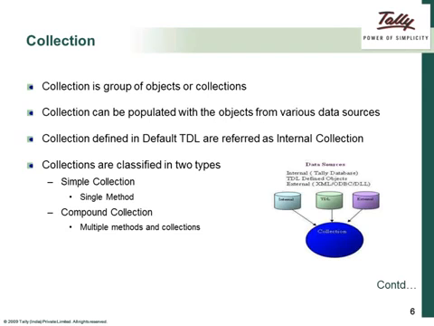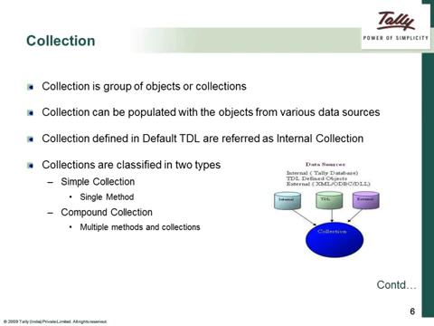I will have to group them under one roof. So that's a group of collection. Now this collection can be a group of objects or collections or both. Did I confuse you further?